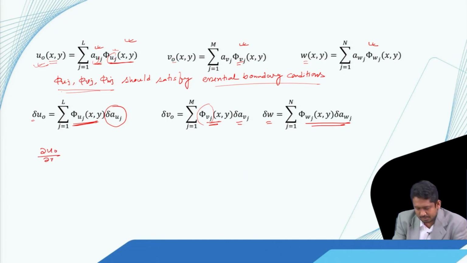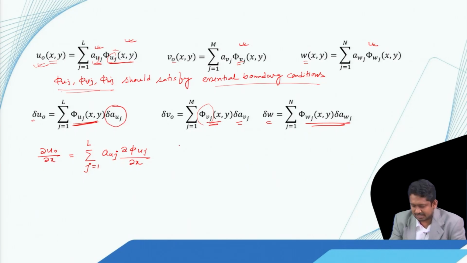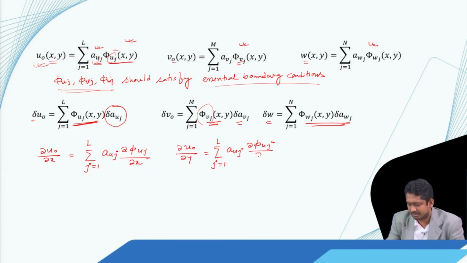Del u 0 by del x is equal to summation j equal to 1 to L, A u j multiplied by del phi u j by del x, and similarly we can have del u 0 by del y equal to summation j equal to 1 to L, A u j multiplied by del phi u j by del y.